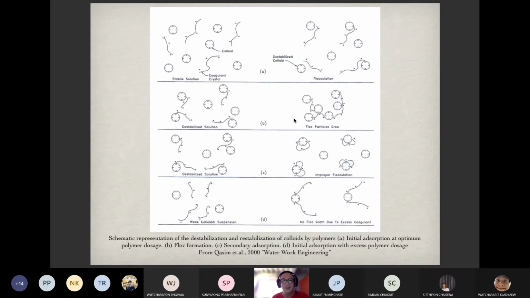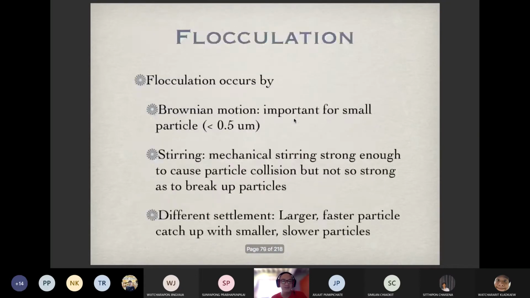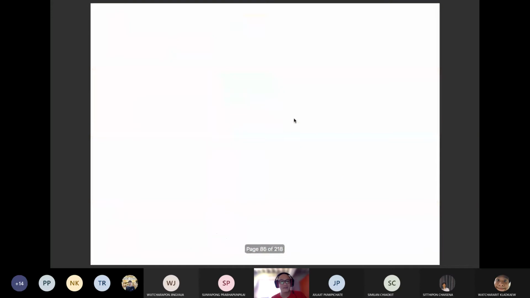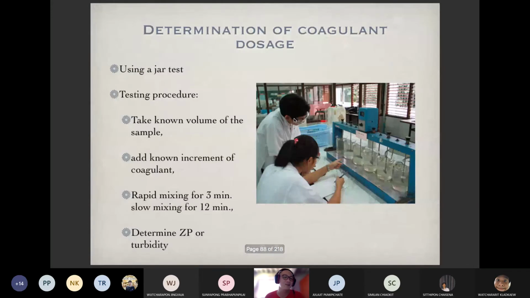So flocculation needs only gentle mixing, not vigorous mixing. In this case, if we want to create coagulation and flocculation conditions in this chamber, once we apply the chemicals, we apply a high mixing speed, and once the chemicals have destabilized the particles, we adjust the mixing speed to be very slow.